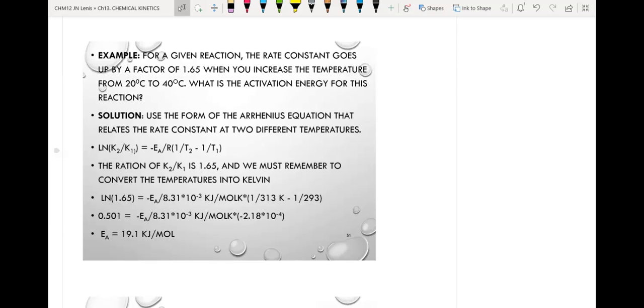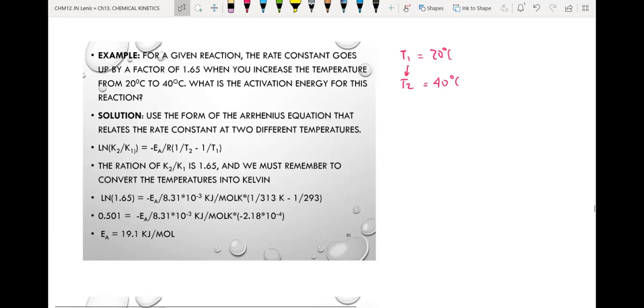So we have two different temperatures here. Let's label temperature 1 as 20 degrees Celsius, and temperature 2 as 40 degrees Celsius. So temperature went up.